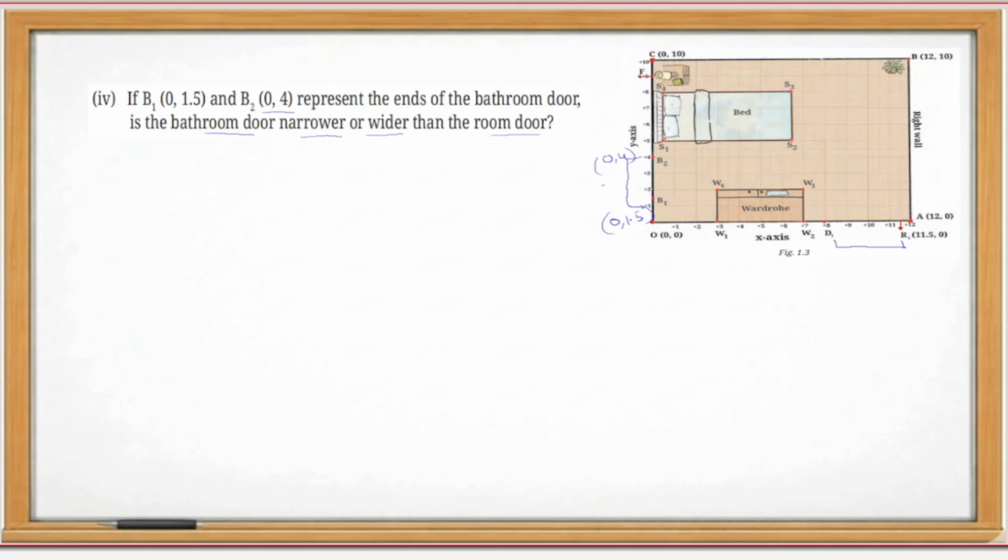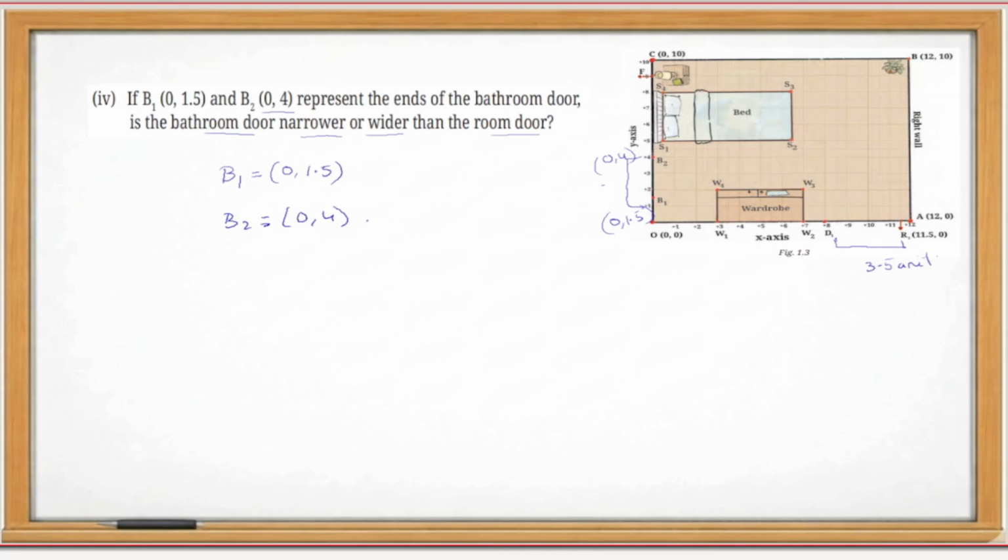So here we have the room door, and we already found the width for this one, which is 3.5 units. First we'll write the coordinates: B1 is equal to 0 comma 1.5, and B2 is equal to 0 comma 4.